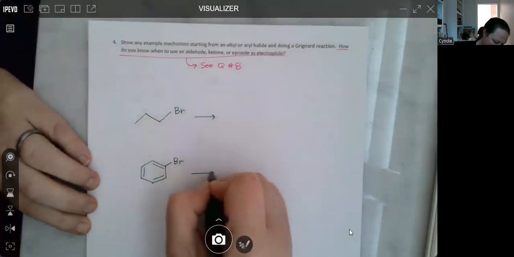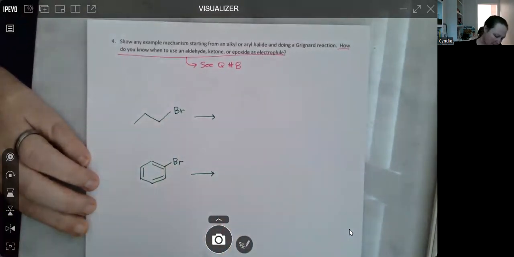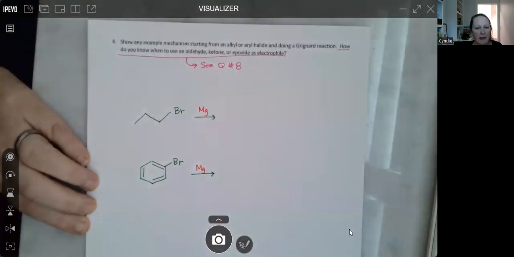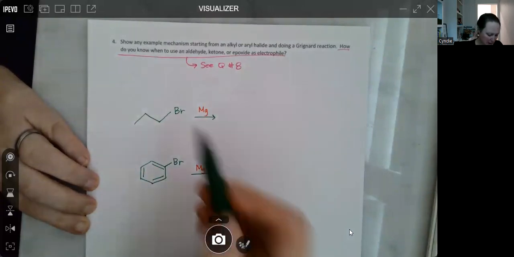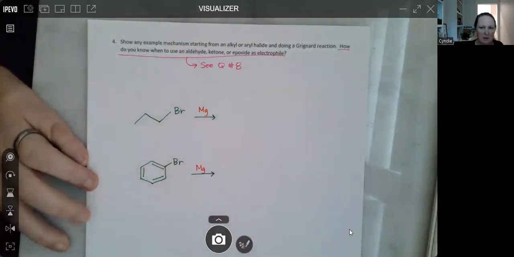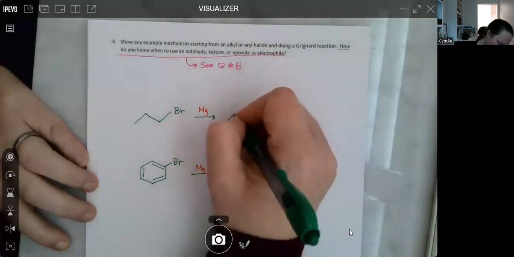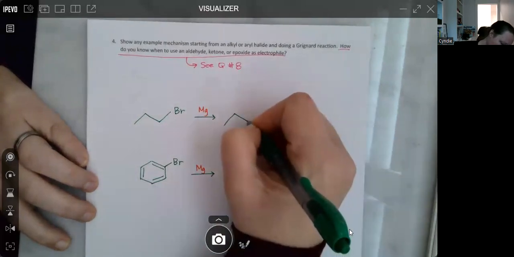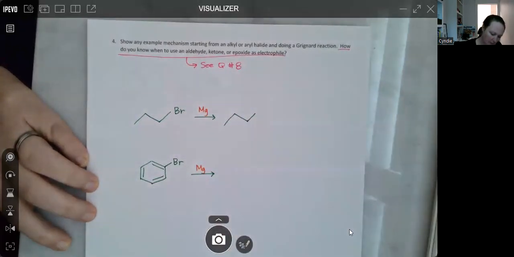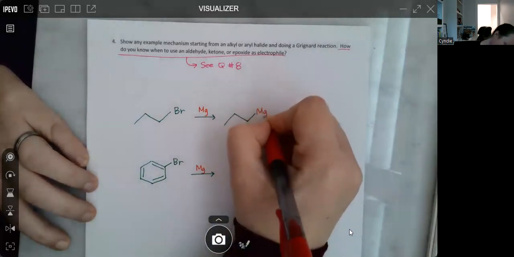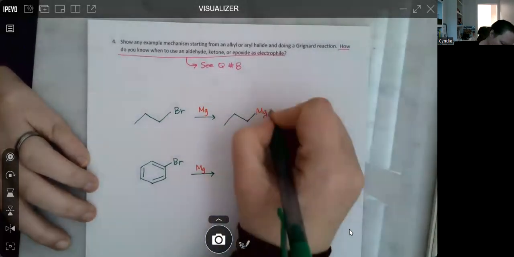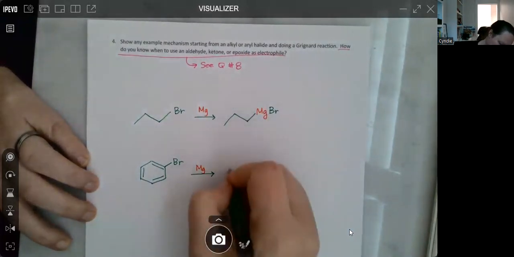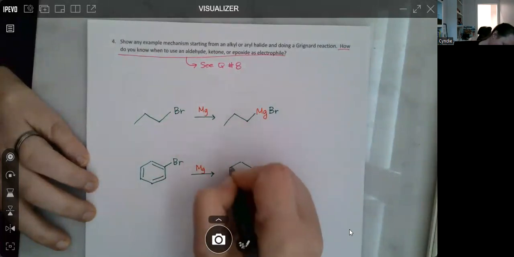And the first step is treatment with magnesium metal. So we treat this with magnesium metal, and then magnesium inserts between the carbon halogen bond, probably in a radical-like process. So what we can do to generate that is show the magnesium inserting between the carbon halogen. And we can draw the same thing here with the aromatic ring.